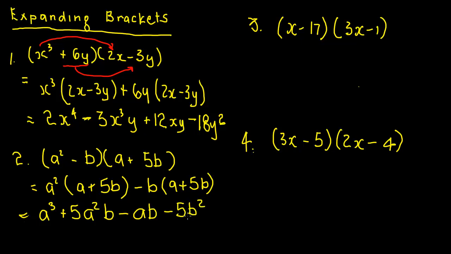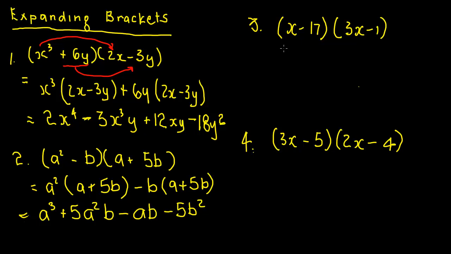Now we once again go through and see if we've got any like terms that we can deal with, and no, there are no like terms. There's an a cubed, there's a squared b, there's an ab, and there's a b squared, but there's no other ab's, there's no other a squared b's. So that's as far as we can go with that. We can't simplify it anymore once we've expanded it.